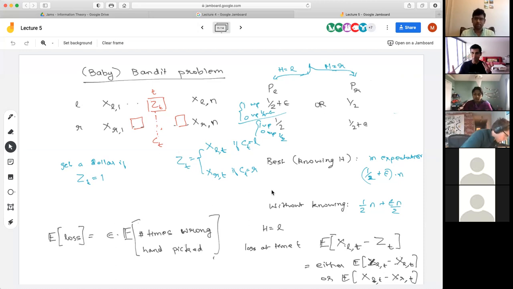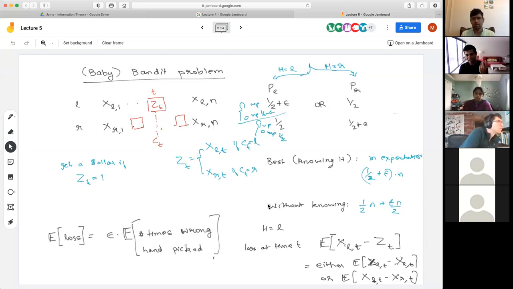So I pick one of the two hands. I don't tell you which one. And then at the end of this, I'm going to tell you that if you had picked the right hand, you would have always gotten better outcomes. So it's basically the two-arm bandit problem, with a very special distribution on the two arms.